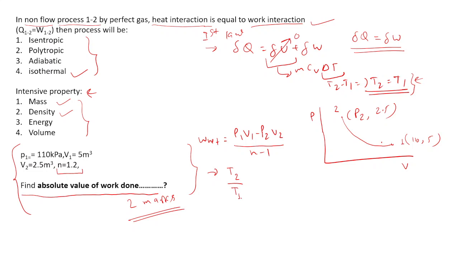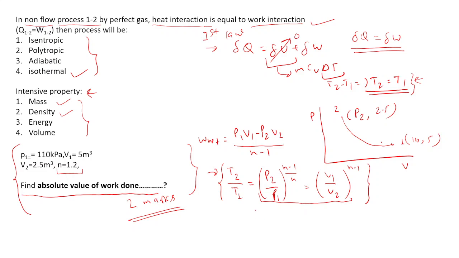P2 by P1 is equal to (V1 by V2) to the power n. Here we know V2 and require P2, and n is already given as 1.2.